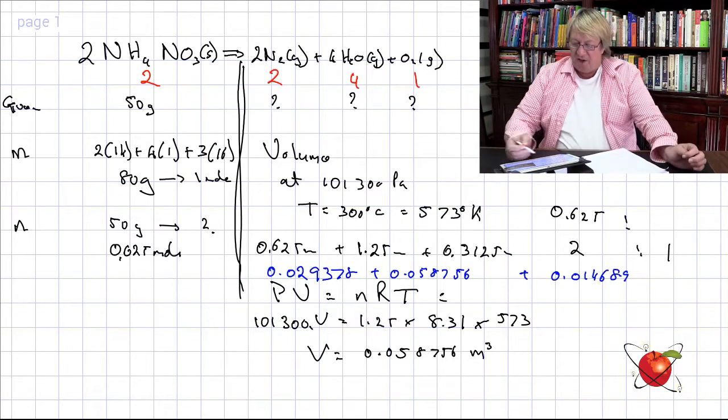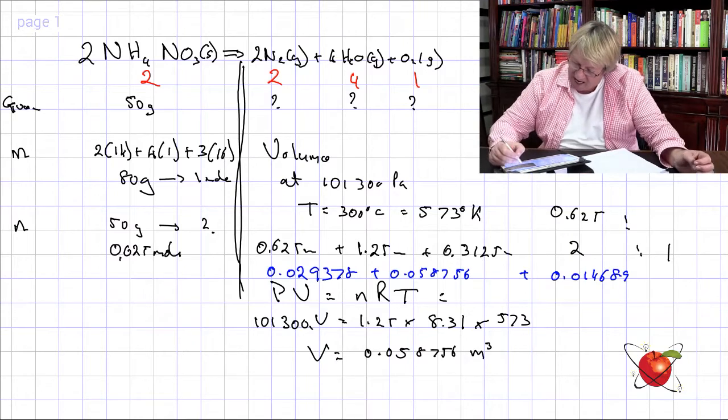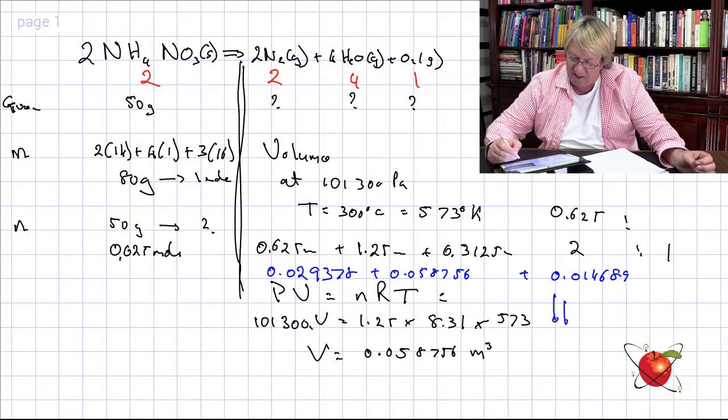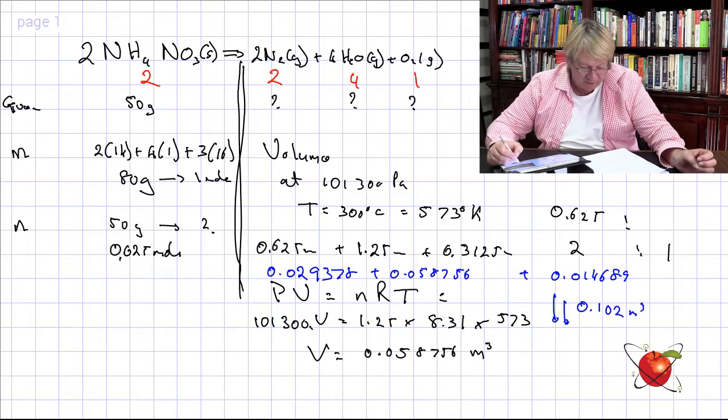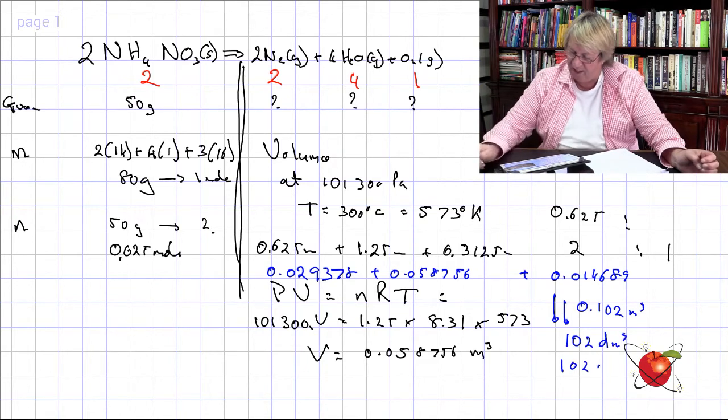Okay, so in total, if we add all of those three blues together, we get a total volume of 0.102 cubic meters, which is a 0.8. So that's approximately 102 decimeters cubed, which is 102 liters.